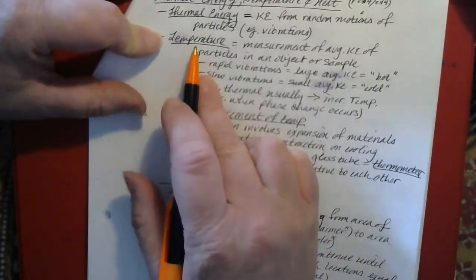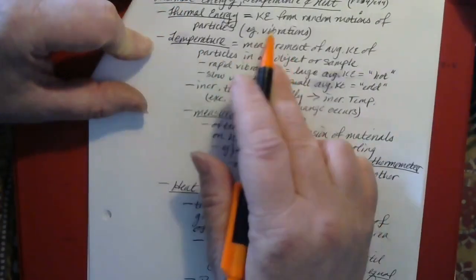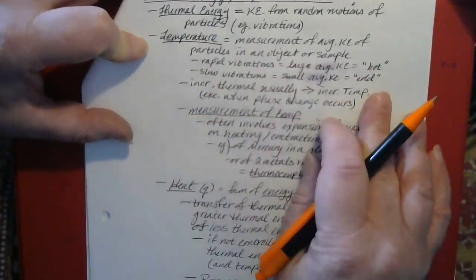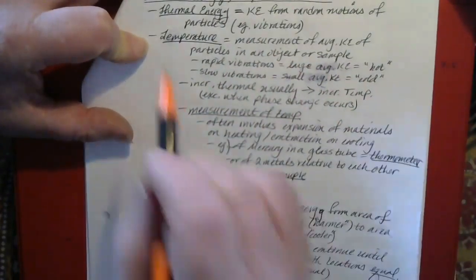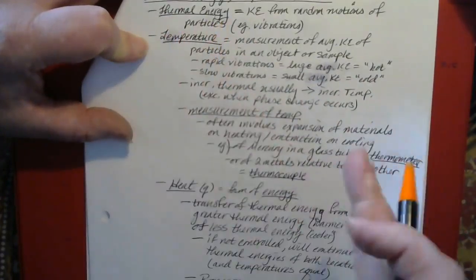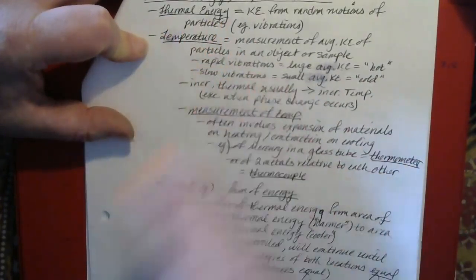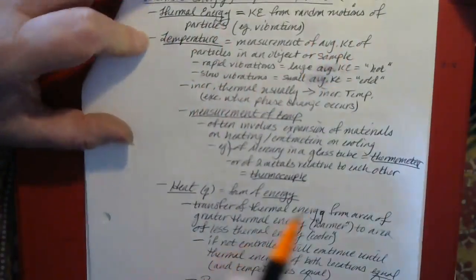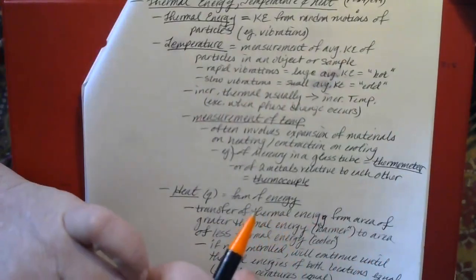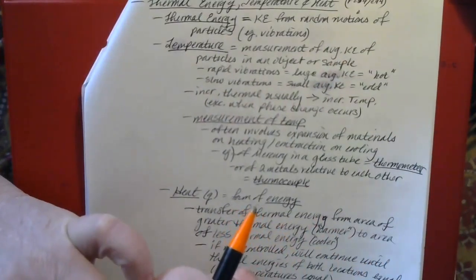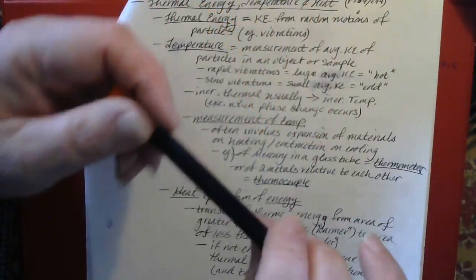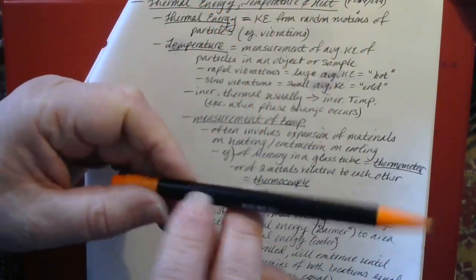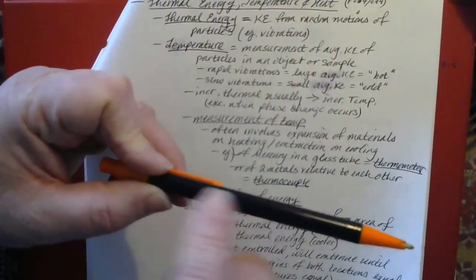Temperature is just a way to measure the average kinetic energy of the particles in an object or a sample. So thermal energy is the actual energy of movement. Temperature is a way of measuring that kinetic energy, and it's the average kinetic energy of the particles in an object. If you look at the individual atoms or molecules in, say, this pen, there will actually be a range of kinetic energies.